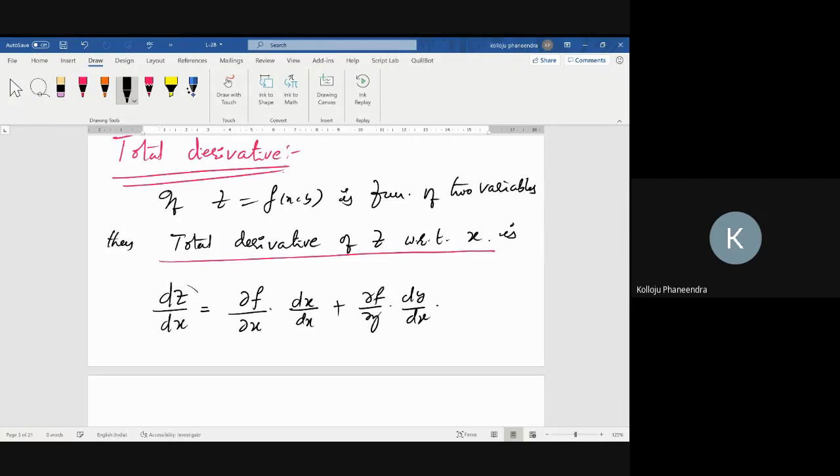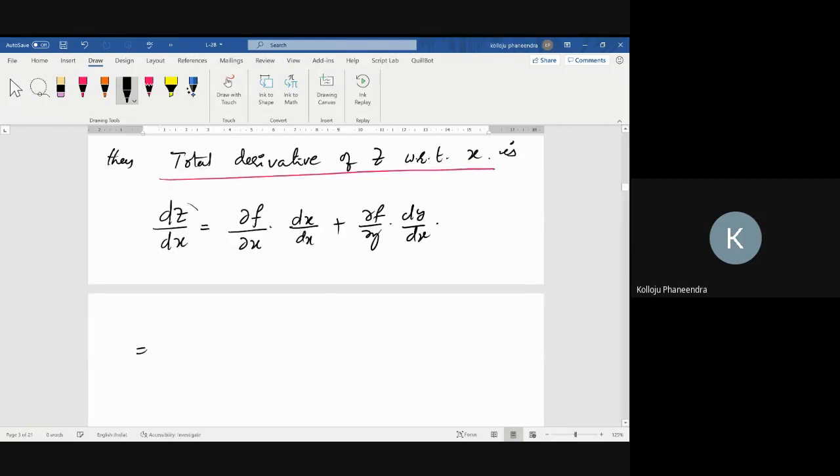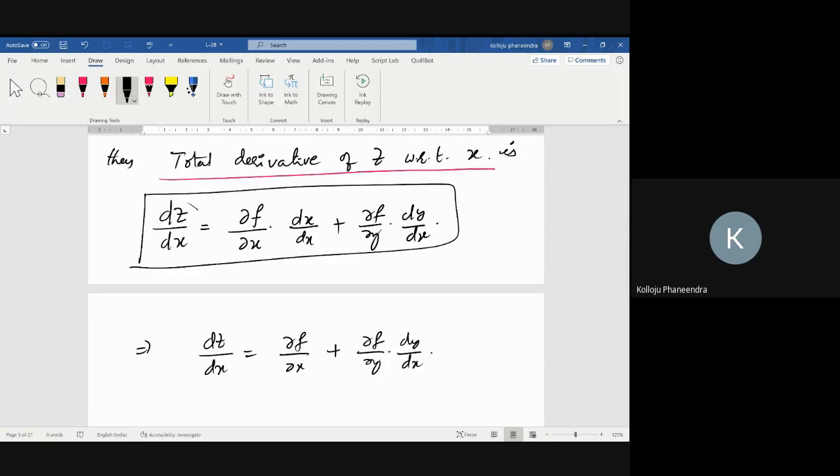That means dz by dx equal to dou f by dou x plus dou f by dou y into dy by dx. Anyway, you must remember this, it is important for a function of two variables.